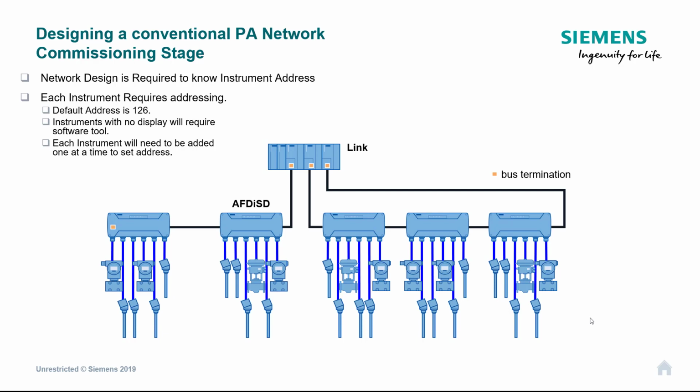So you're going to be losing quite a bit of engineering time there. So you do need to be careful. And again, you would require the network drawing for that. You can't guess, because you need to make sure that you're setting the right address, because the person writing the PLC code or the DCS code needs to be making sure they're getting the right information.